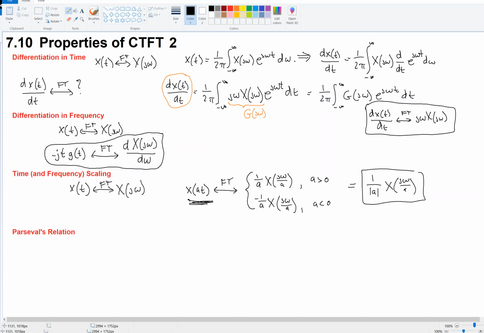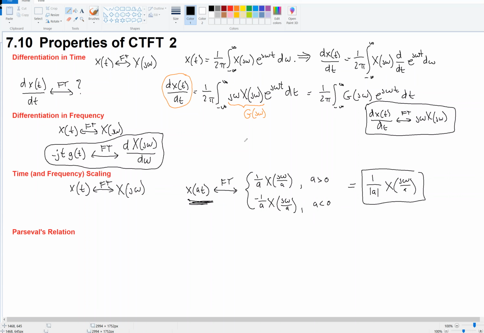This is interesting to us as well, and this is actually demonstrative of the Heisenberg uncertainty principle. If a is, say, 2, x of 2t is a compression of the signal, so the signal gets squeezed by a factor of 2. But then notice the independent variable in frequency, j omega divided by 2, is an expansion.